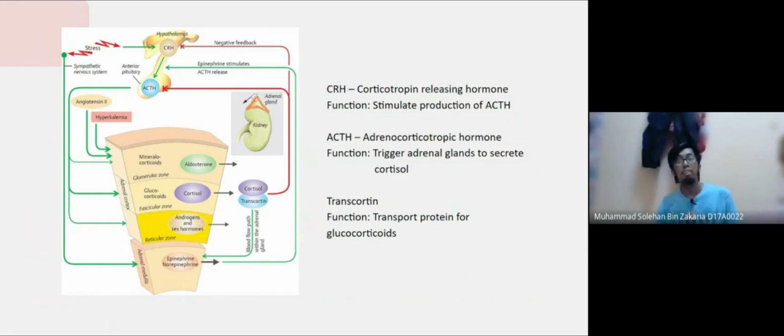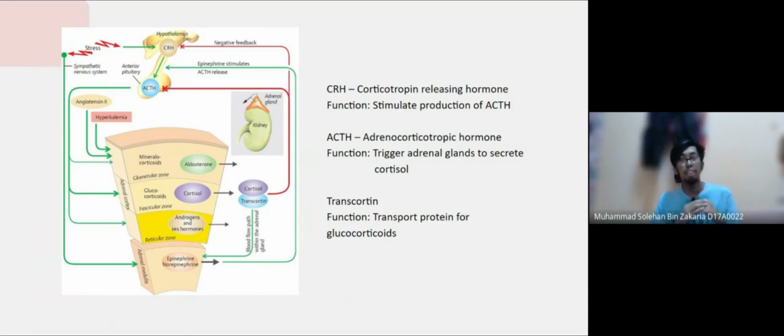The increased spike in the concentration of epinephrine would then cause a positive feedback on the anterior pituitary gland, which results in more secretion of the ACTH, which would then, going on a continuous loop, increase the amount of hormones secreted by the adrenal gland, in particular cortisol.